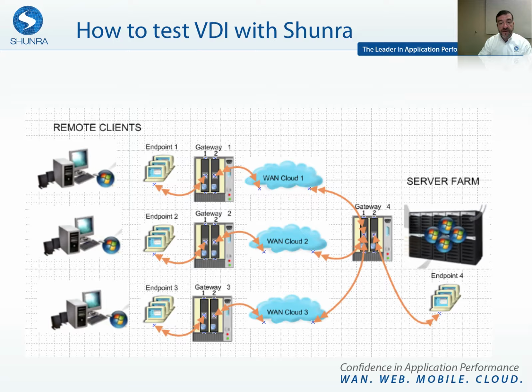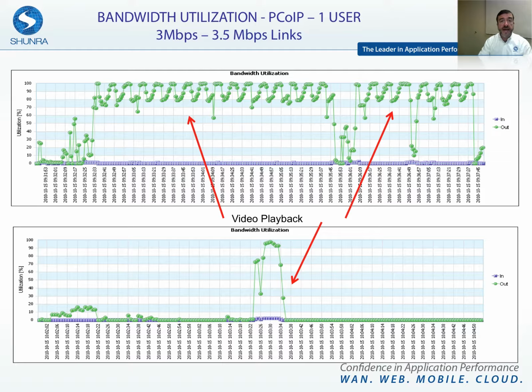So obviously, even if we know that we are only transferring screenshots, still that's a lot of data that you need to transfer, especially in protocols, for example, like PC over IP, where you might be transferring video or voice or a video streaming, for example.